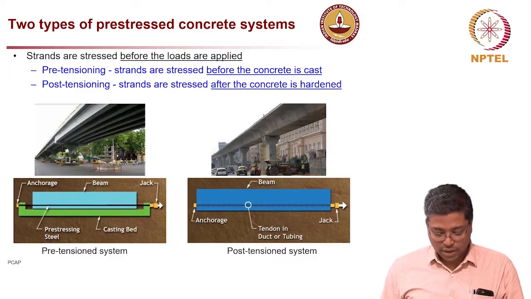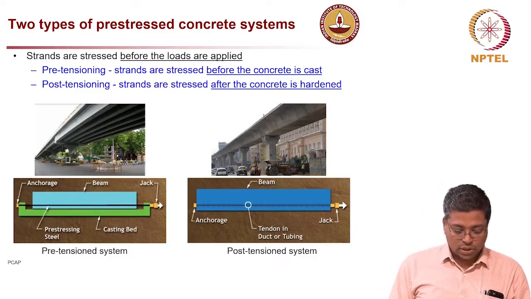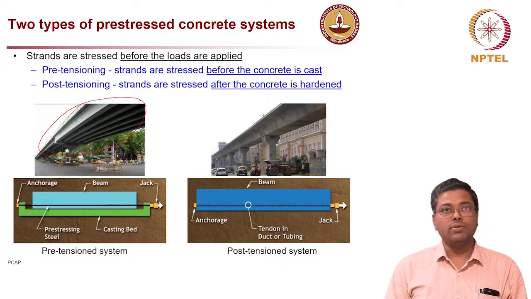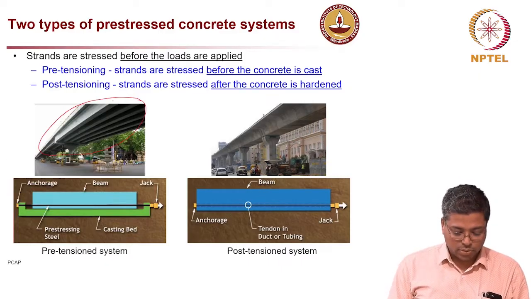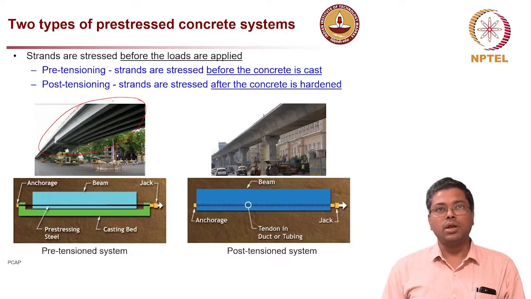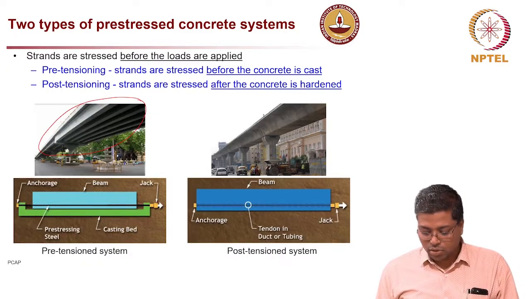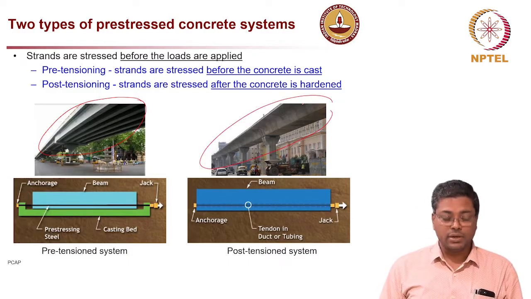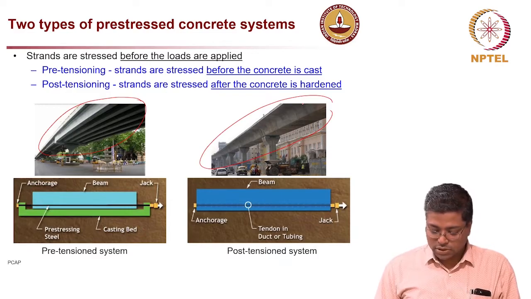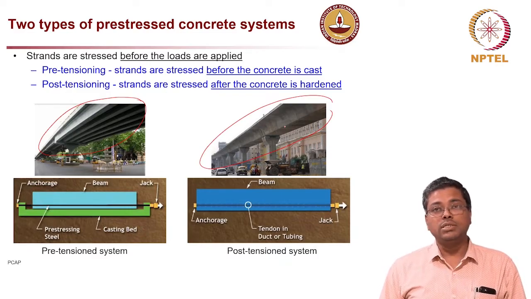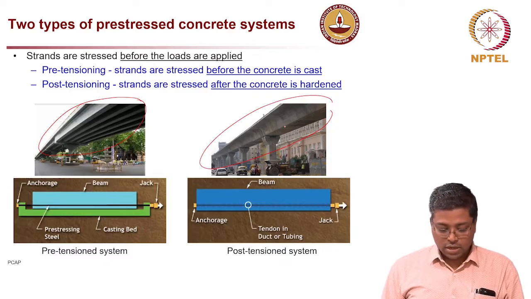The one on the left is the kind you might see in bridges, most of the flyovers in the city. Most of them are actually pre-tension concrete. On the right is a typical metro bridge or elevated metro system, where you will mostly see post-tension segmental concrete construction.